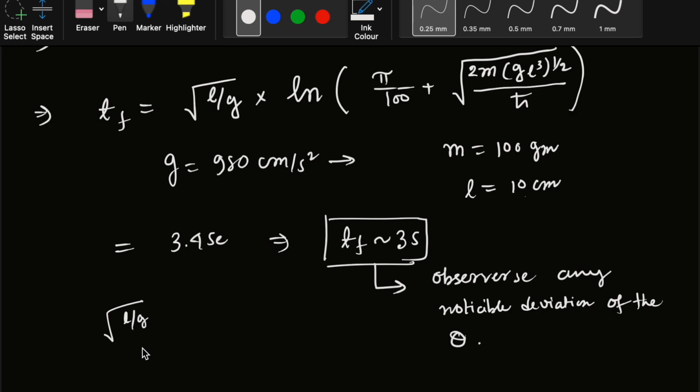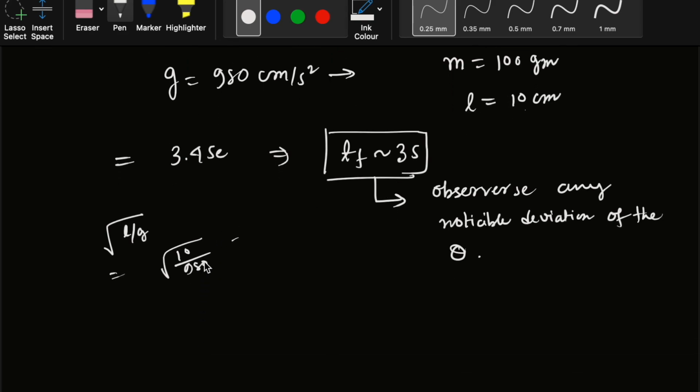Root l by g is equal to root over 10 by 980, which is approximately equal to root over 10 by 1000. That means 1 by 10, that is equal to 0.1.